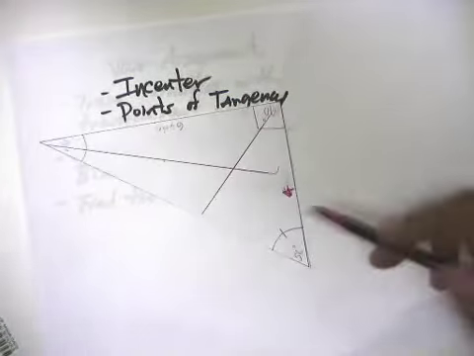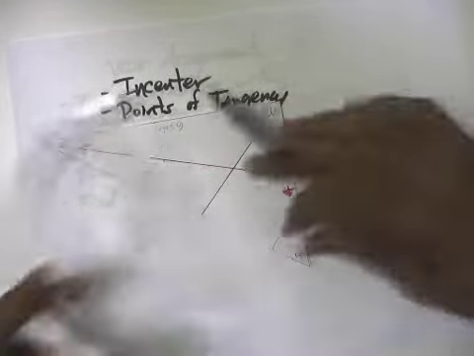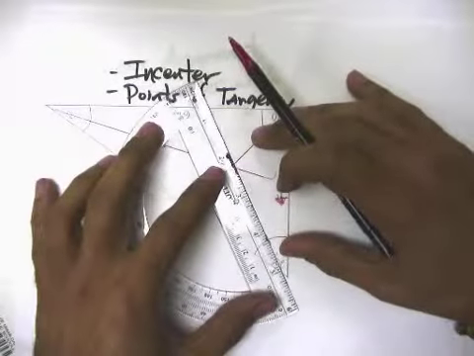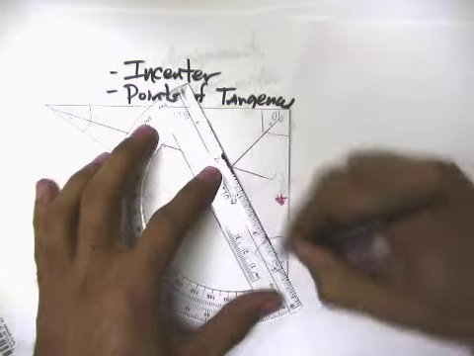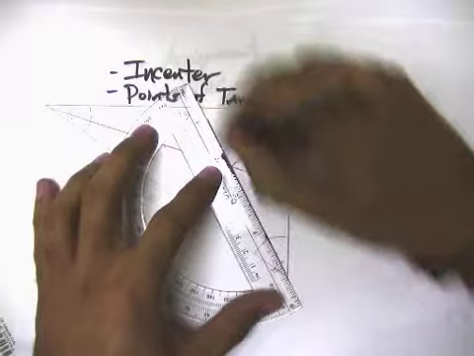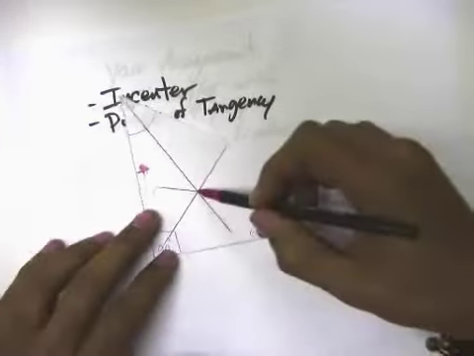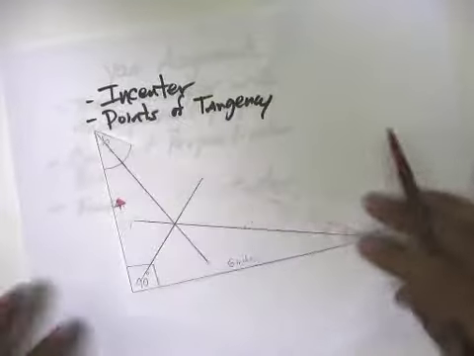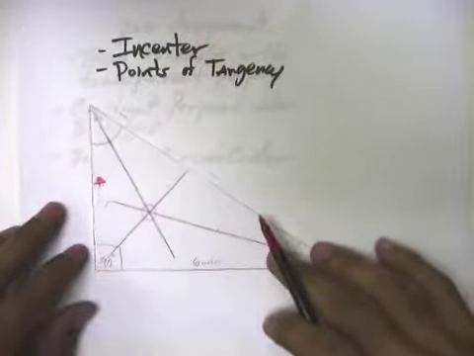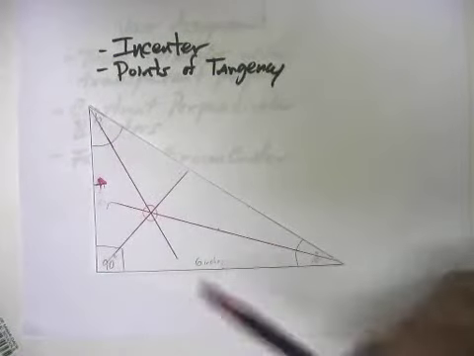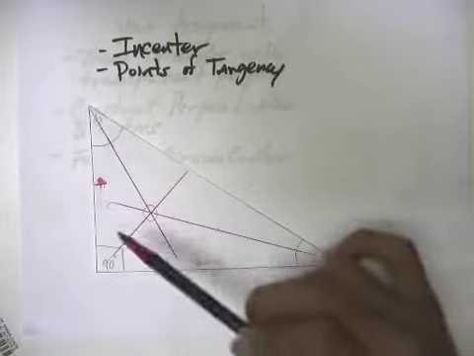I'm going to put my little line right here. And I'm going to take my last angle here and I'm going to bisect this angle as well. This 90 cut into 45 and 45. And you're going to notice something interesting here. You're going to notice that all of my angle bisectors come together at one point.